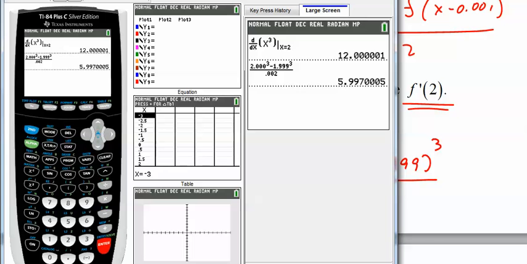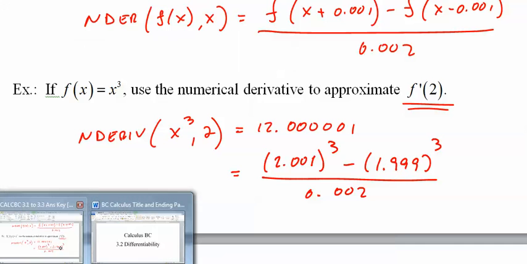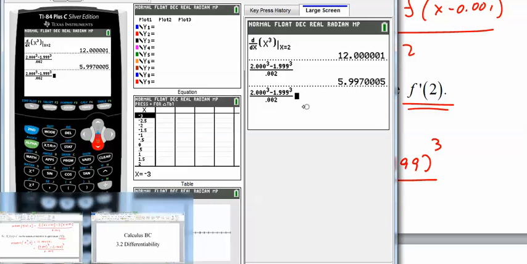And of course I got the completely wrong answer. Probably because I divided by the wrong thing. Let's see if I can copy this. Go in and change it. No, that's what I wrote. What did I do wrong?